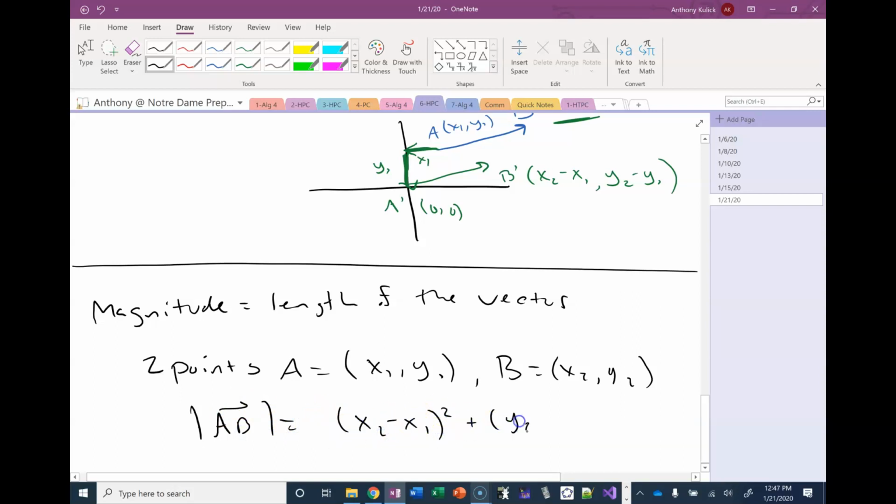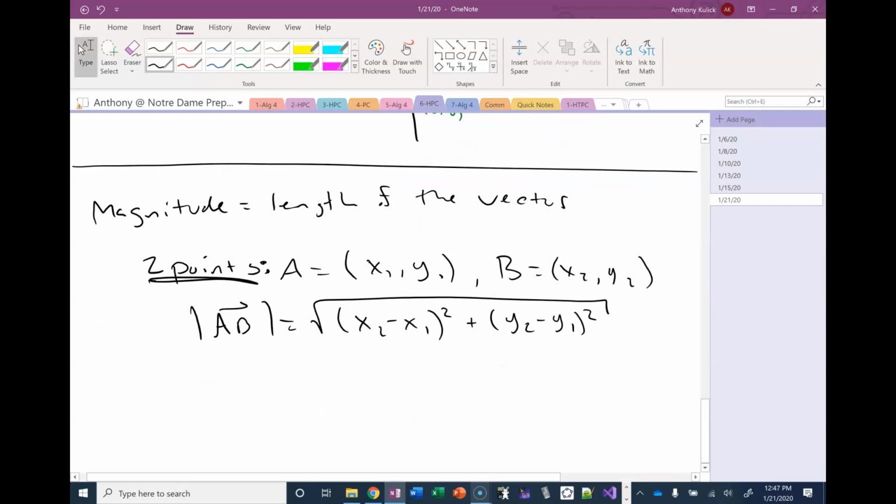So going back to geometry, I could use the distance formula. If I'm in a 2-point notation, I can just use the distance formula to calculate the magnitude. If the magnitude is just the length of the vector, that's just the distance formula. I mean, you should know that.